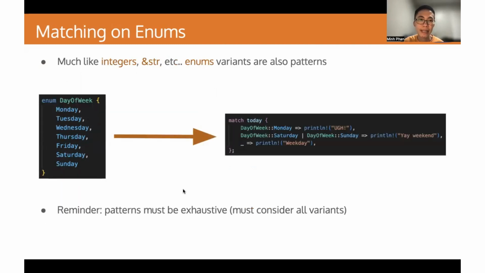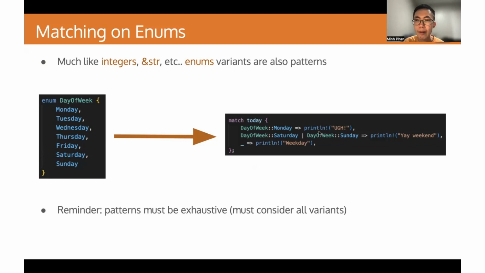We can do matching on enums like integers or strings. Enum variants are also patterns. So each of the variants, Monday, Tuesday, Wednesday, are patterns. We can do match on enums accordingly. Here you can see a match statement on an enum. We especially have a case for the pattern Monday, where we will print something like, that's Monday.